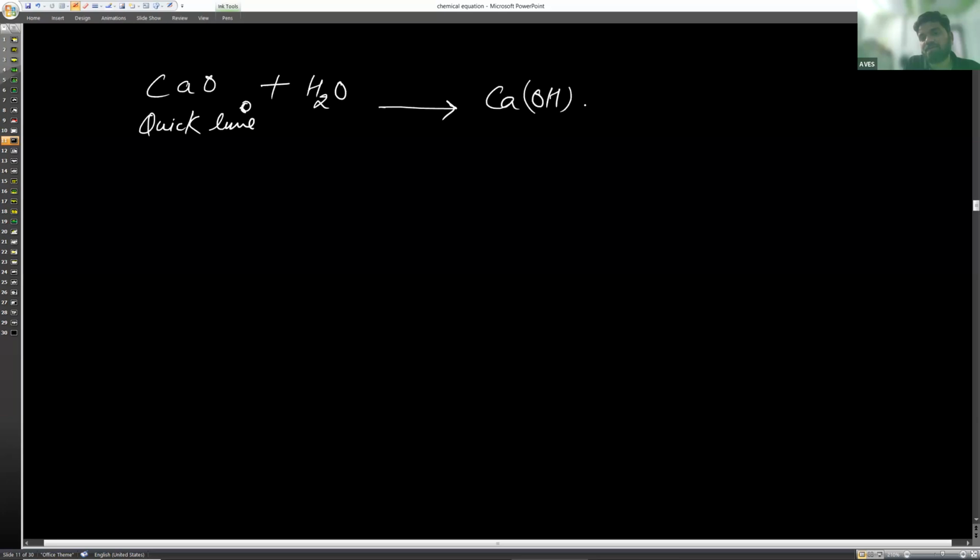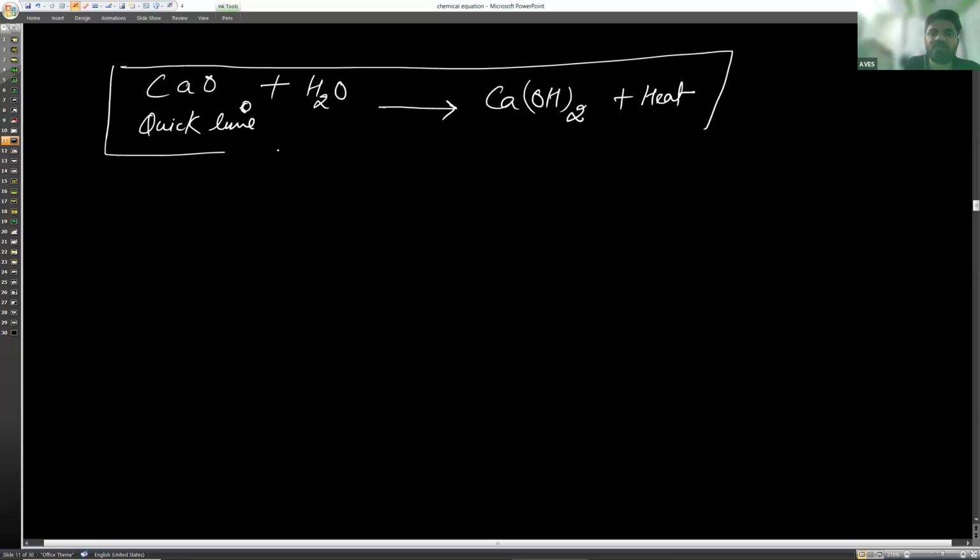More examples. For example, if you have quick lime or calcium oxide, when this quick lime is added to water, it will give you calcium hydroxide plus heat. So this reaction is also called slaking of lime.